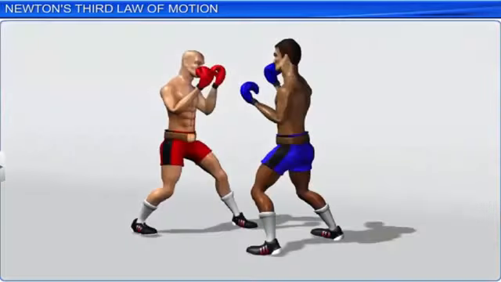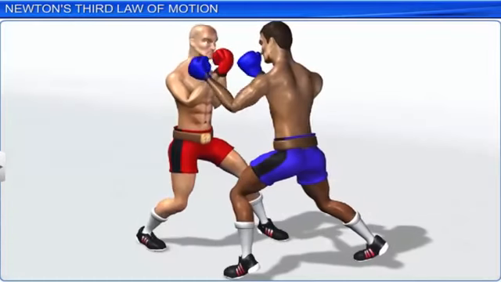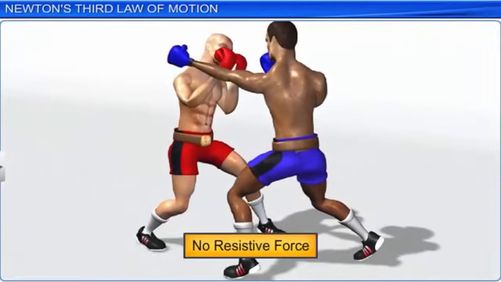Let us try to imagine such a situation. A boxer tries to land a heavy punch on his opponent. The opponent intelligently sidesteps from the line of action of the punch. The punch goes waste. The boxer could not apply the force in the absence of a resistive force opposing it.